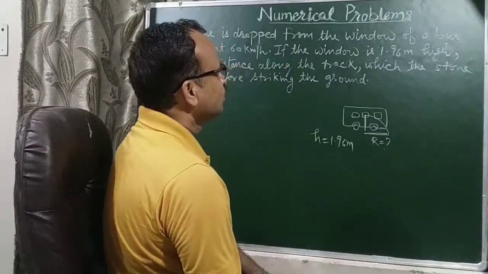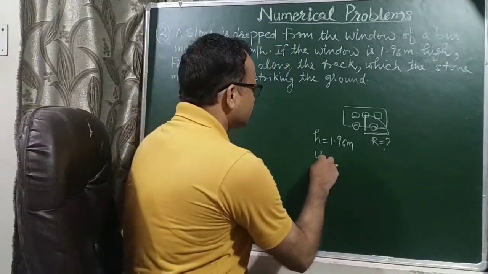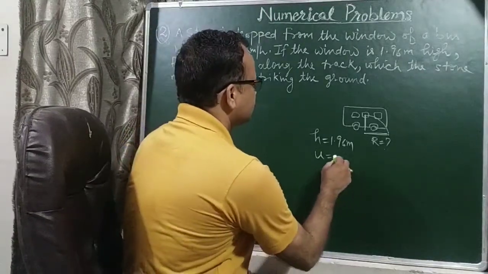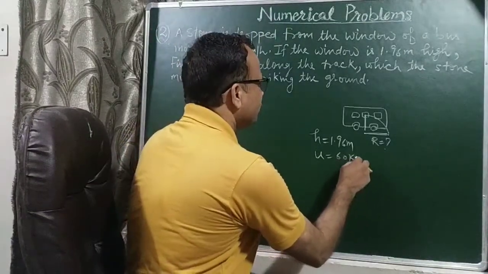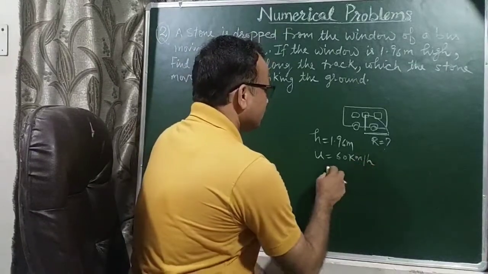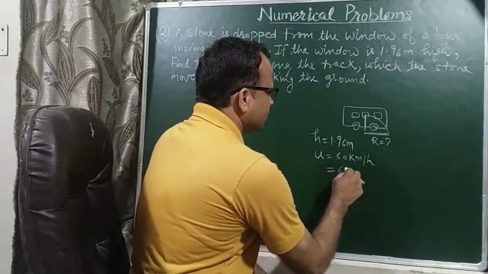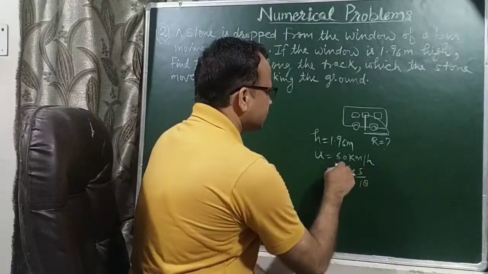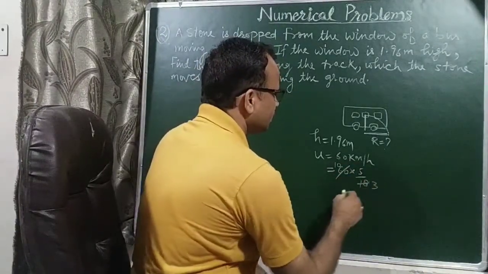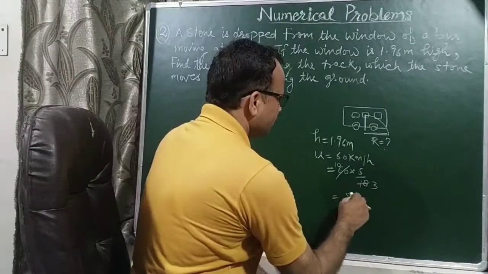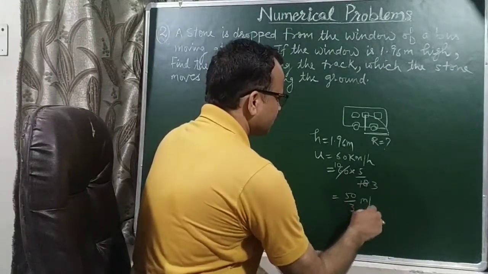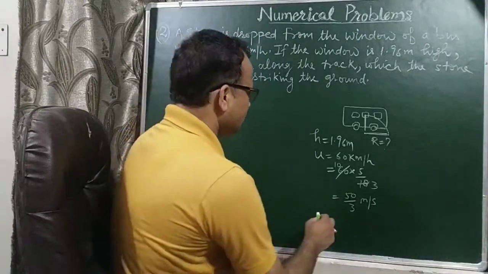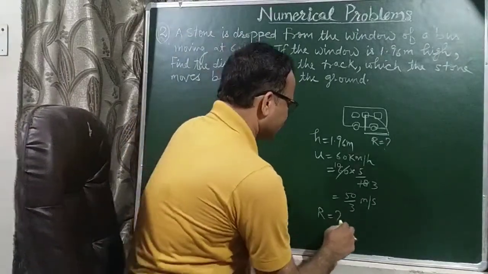The velocity of the bus, u, is given as 60 km per hour. First we convert kilometer per hour into meter per second by multiplying by 5 upon 18. So 6 into 10 is 60, 6 into 3 is 18, meaning 50 by 3 meters per second. And we have to calculate the value of r.